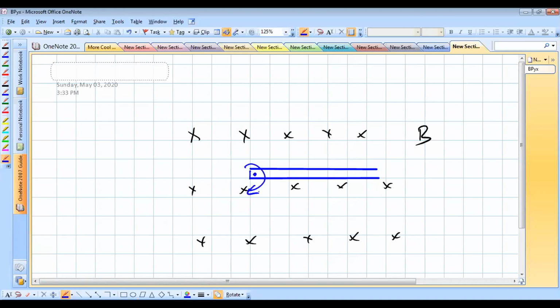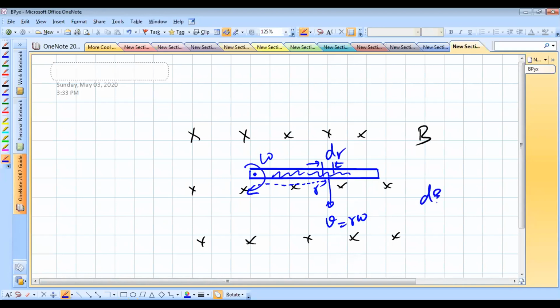If it is rotating about an axis like this at an angular speed omega, then any section in it has a speed of r omega, where this distance is r. If you take a differential element of thickness dr, you should know all this from before.